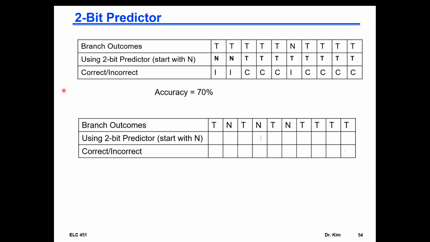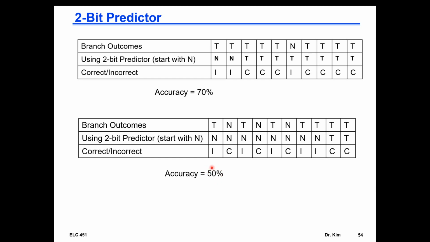And let's look at the second one that was a more complex set of outcomes. So here we're incorrect. So it does improve our accuracy from 40% to 50%.